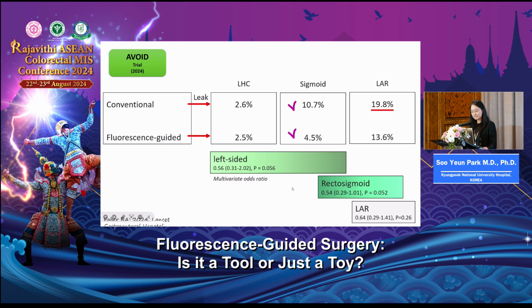So I don't use ICG fluorescence imaging for all patients, but when I consider a perfusion problem, or for a patient who has risk factors for perfusion problems, I sometimes check ICG fluorescence for perfusion.